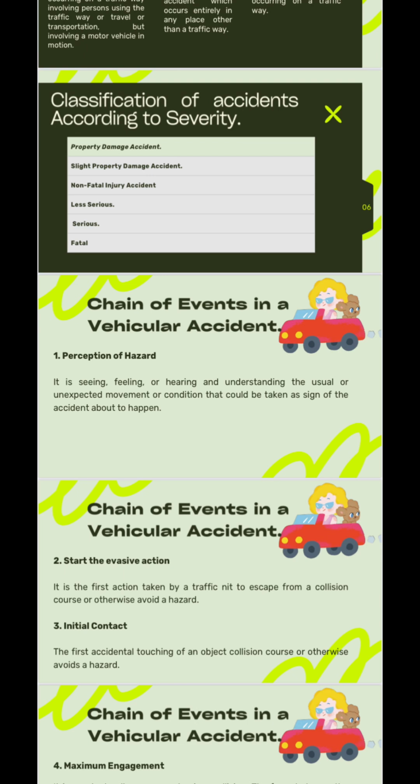Number 5 is serious injury accident. Serious injury accident involves significant harm to a person that may cause long-term effects. These injuries could lead to permanent disability or require major medical interventions such as surgery or ongoing care.